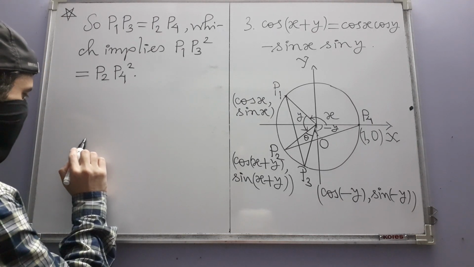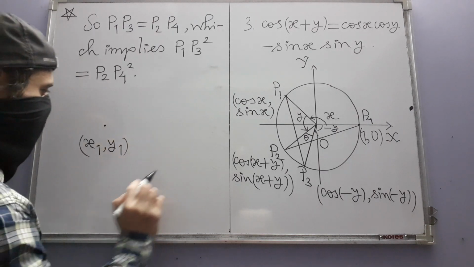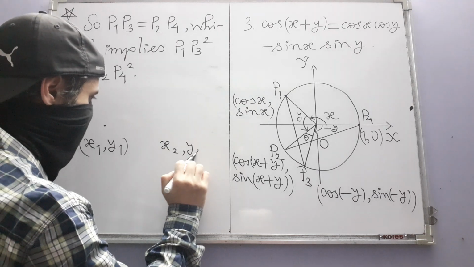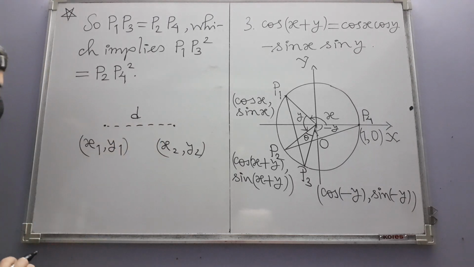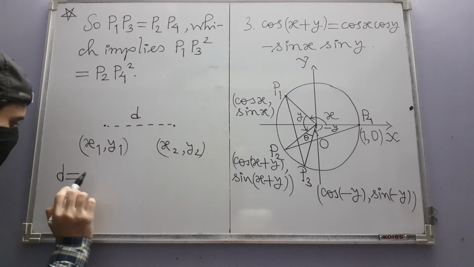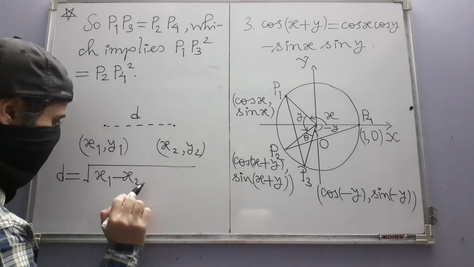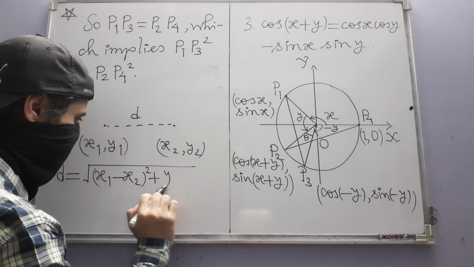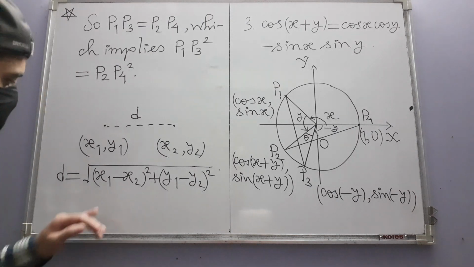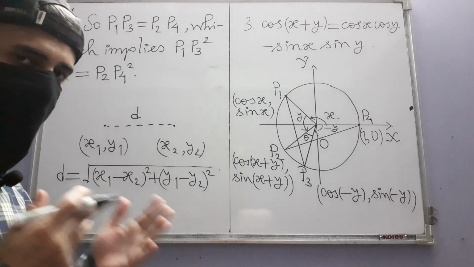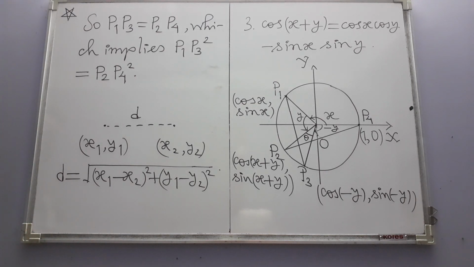Say you have 2 points. This is one point and this is another point with their coordinates shown like this. Then the distance d between them is given by this formula. Whether you want to write x1 minus x2 or x2 minus x1 does not matter because there is a square, so you will get the same value.